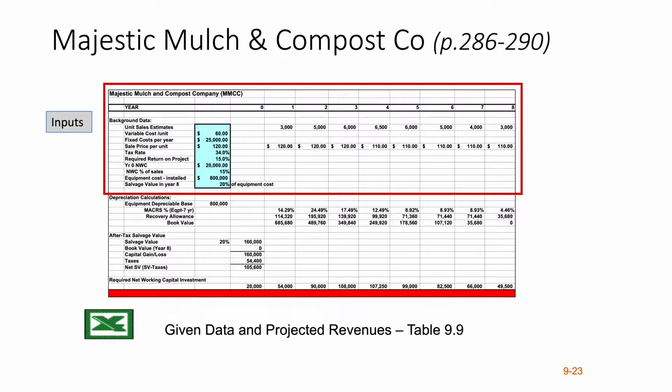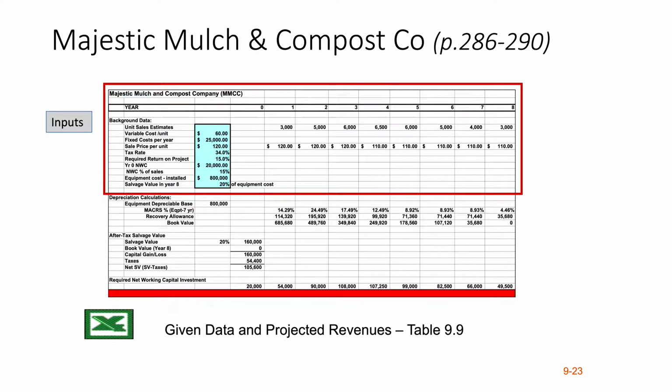But starting from year 1, the net working capital will be 15% of that year's sales. I think it's a reasonable assumption. It's more or less inventories. So that one will be changing.